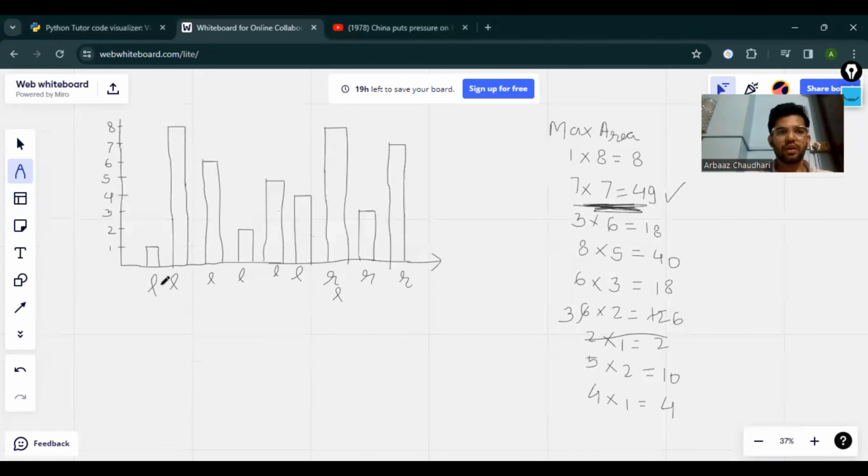Here, I will be taking one variable pointing at this height, which I will call L, and another at this height, which I will call R.